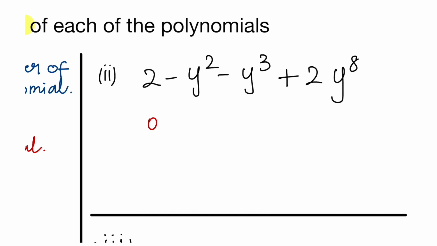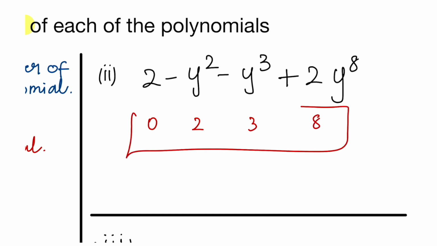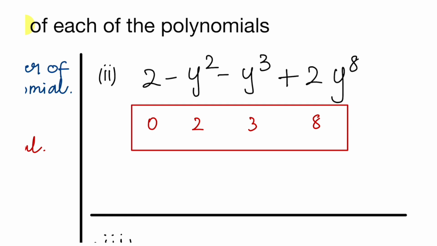Okay, so we have 0 power here, we have 2 here, we have 3 here, and we have 8 here, right? So these are the 4 power values, right? Now you are going to find the greatest one of these, and 8 is the greatest one, right?